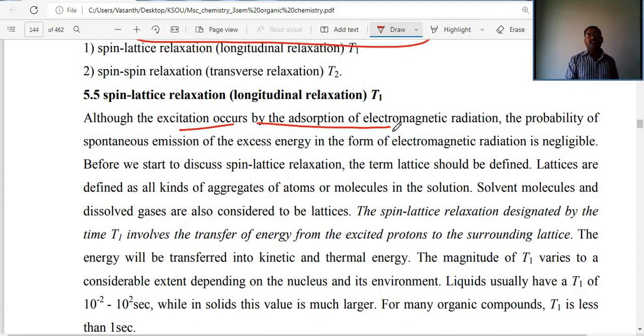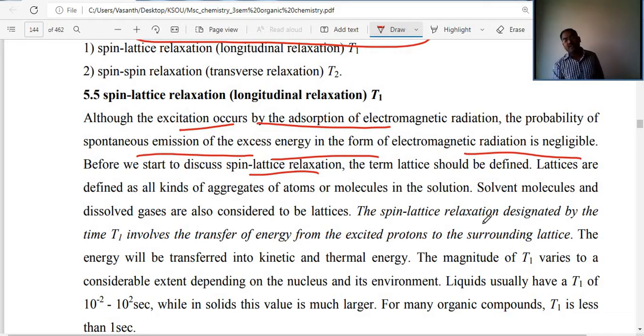The excitation occurs by the absorption of electromagnetic radiation. The probability of spontaneous emission of the excess energy in the form of electromagnetic radiation is negligible. Before we discuss spin-lattice relaxation, the term lattice should be defined.